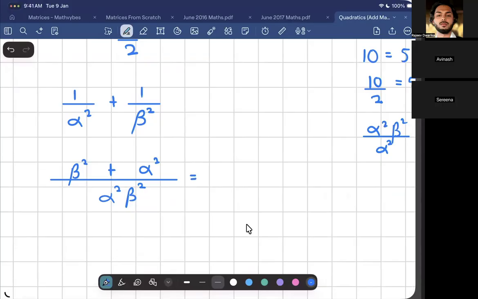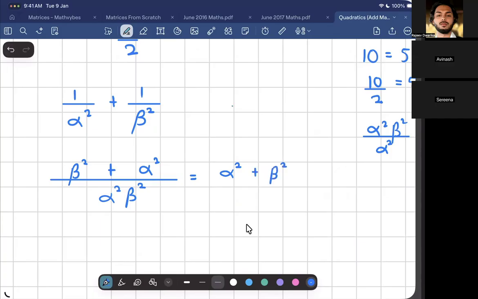Now, Avinash, beta squared plus alpha squared, that is the exact same thing as what? Alpha plus beta squared? No, that's the exact same thing as alpha squared plus beta squared.